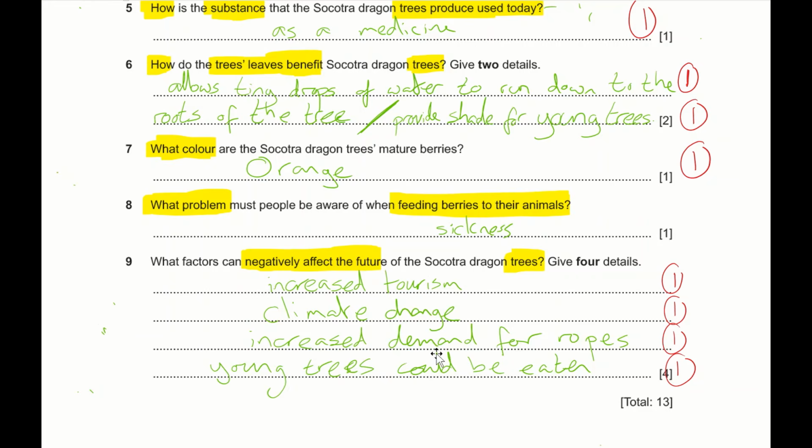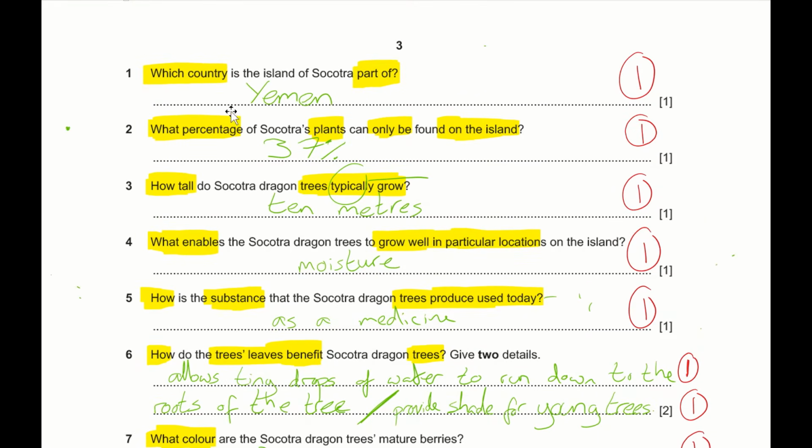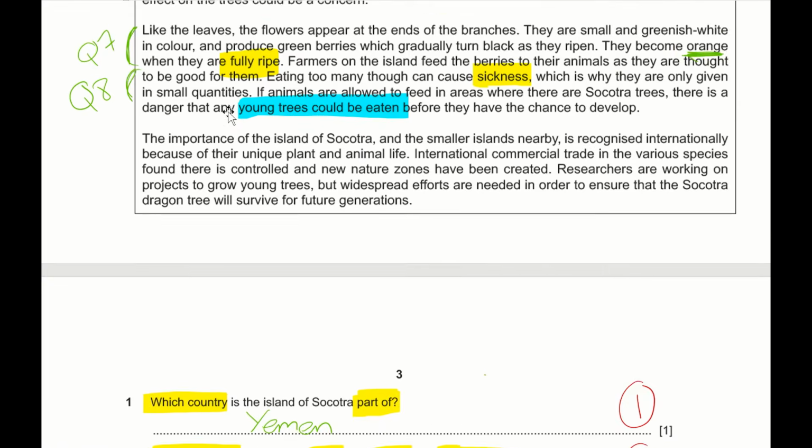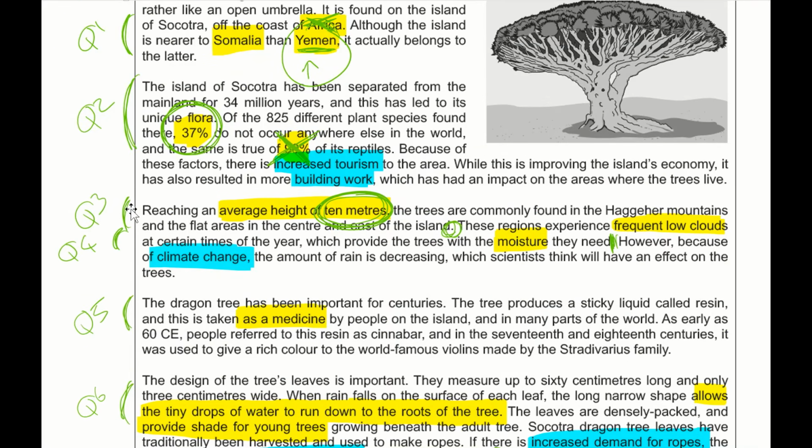Full marks, same technique employed for every single question. Highlight the keywords, then think of synonyms for the keywords in the question and try to make an educated guess as to what the answer may be, and then work your way through the text and the answers will appear sequentially for all of the questions up to question 9.